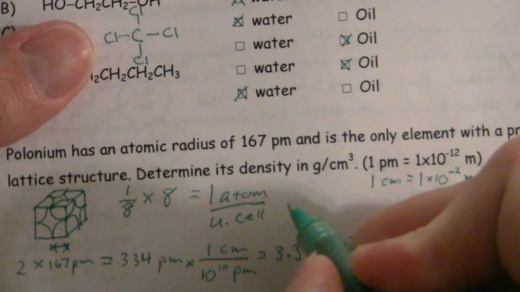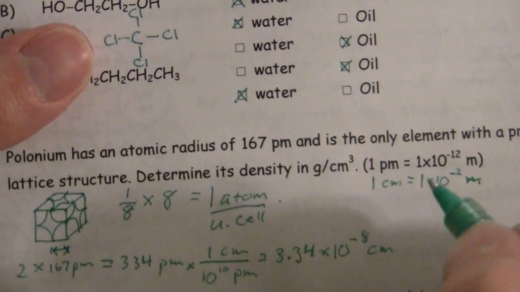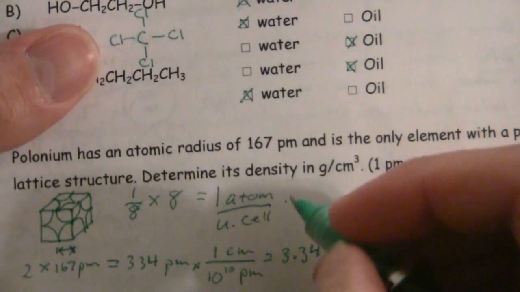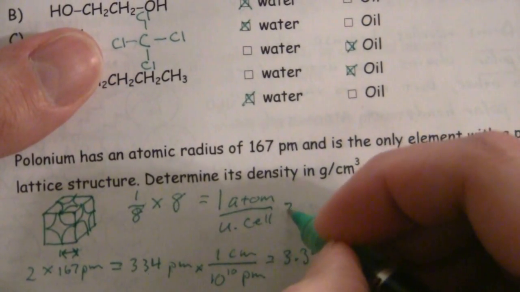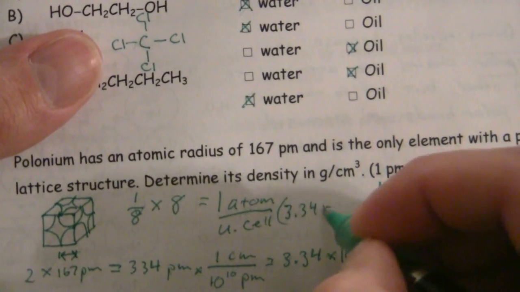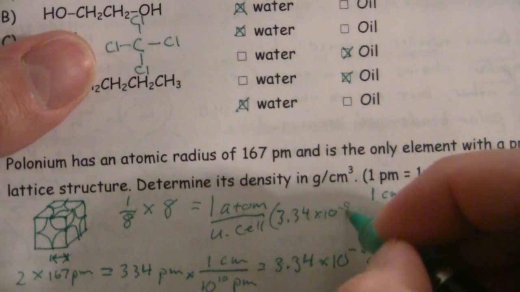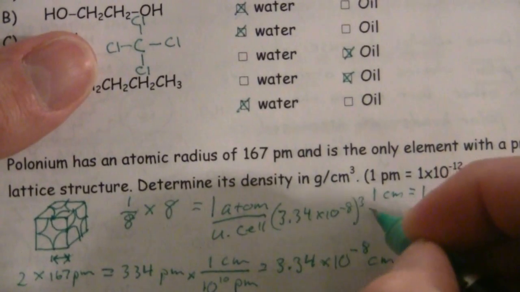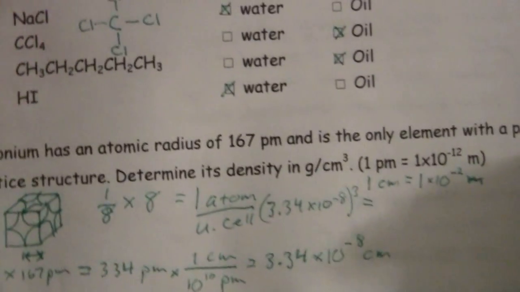So if we cube that number, let me write it like this: 3.34 times 10 to the negative 8th, cubed, equals.